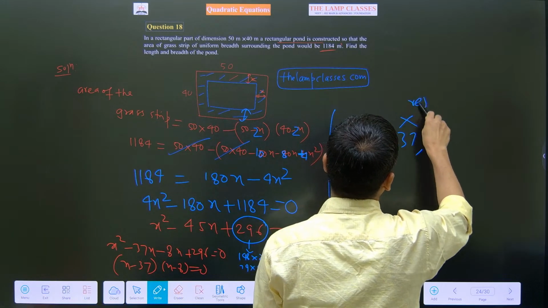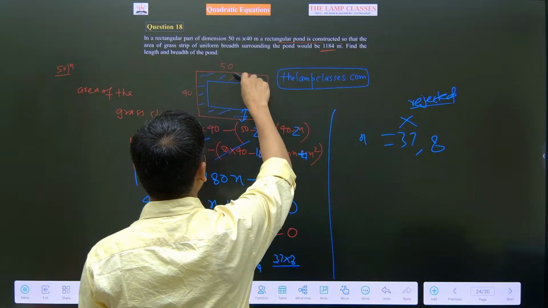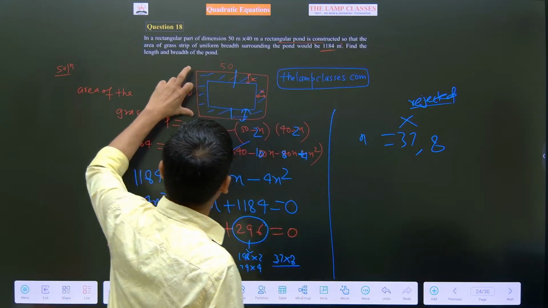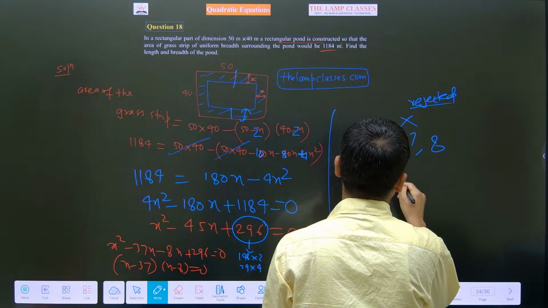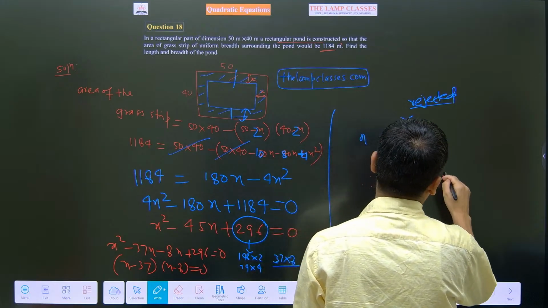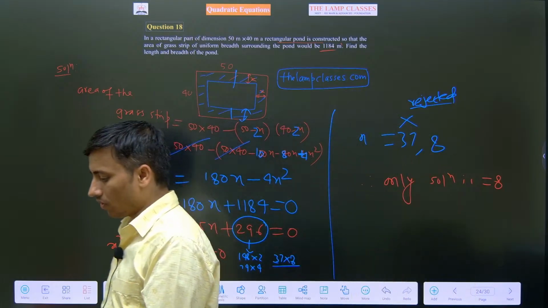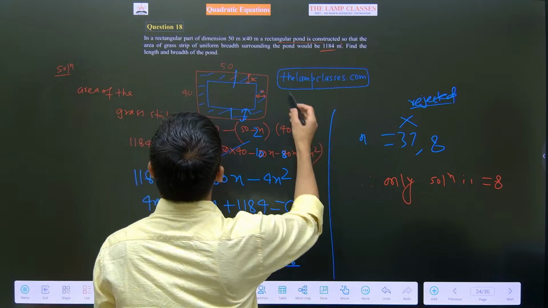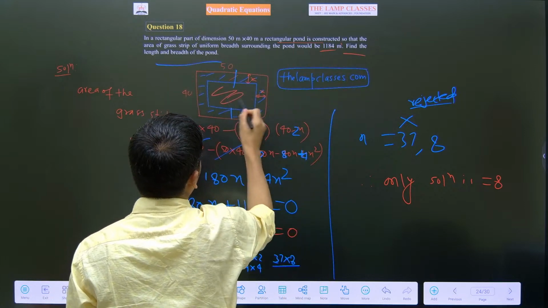Why? Because if I take x as 37, this will be 37 and this is 37, right? Which will be more than 40, which is not possible. So therefore only solution is 8. But listen here, after finding the value of x, we should not skip this question. They are asking something else. Find the length and breadth of the pond. This is the pond, guys.